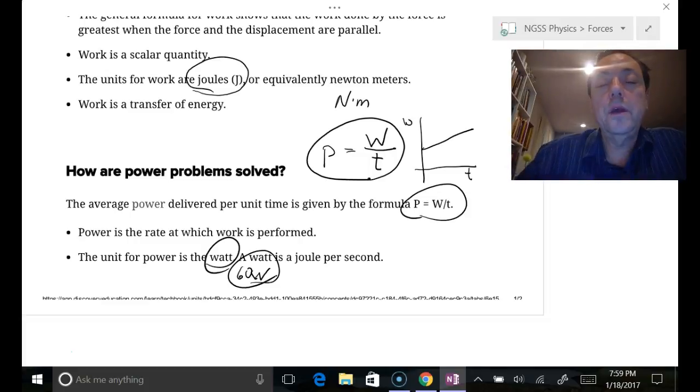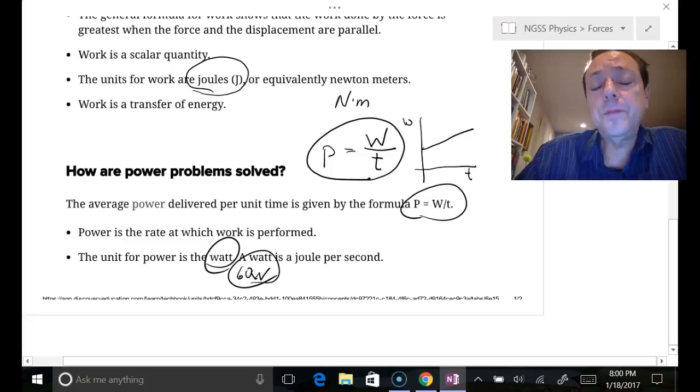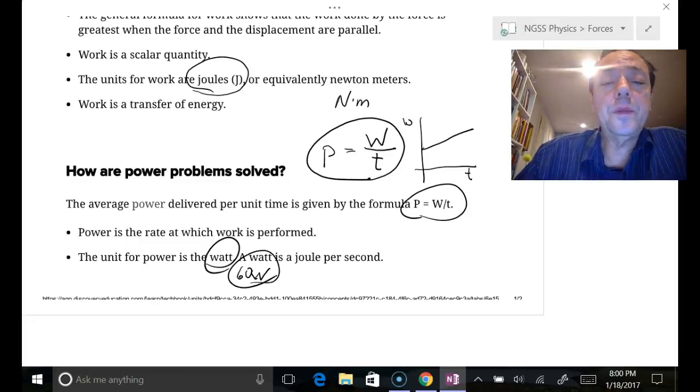Okay, so notice in our little experiment running up and down the stairs that your weight in newtons times the height of the stairs gave you the work, and of course that didn't change in our 2 trials. That remained the same. It was the same amount of energy. The stairs didn't change height, and of course you guys didn't change weight as you ran up the stairs, not significantly anyway.